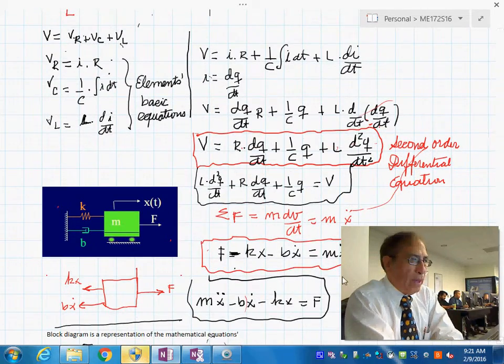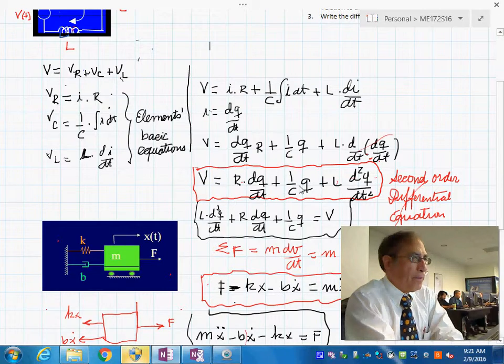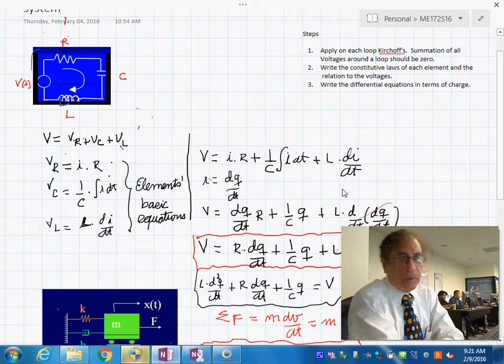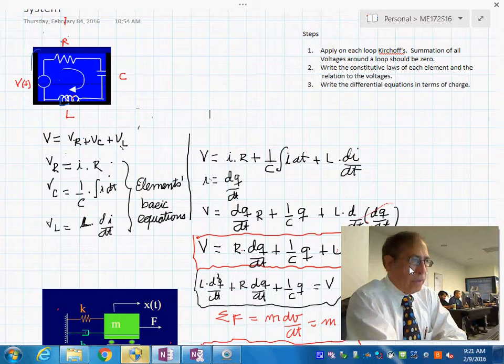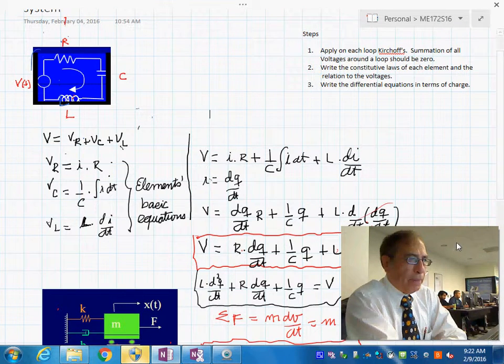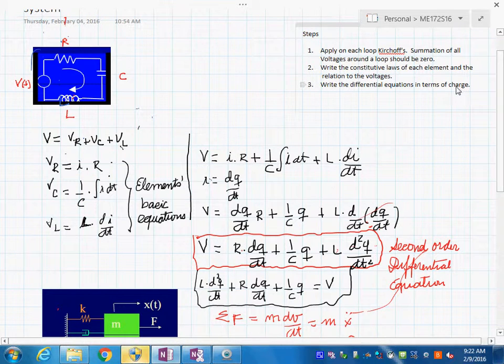And what we did is the developing of the differential equations and then the production of the block diagram. What you see on the screen are the steps that we suggested we follow. Here it says you apply Kirchhoff's law to each loop.